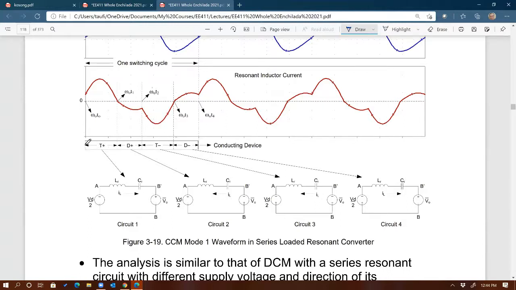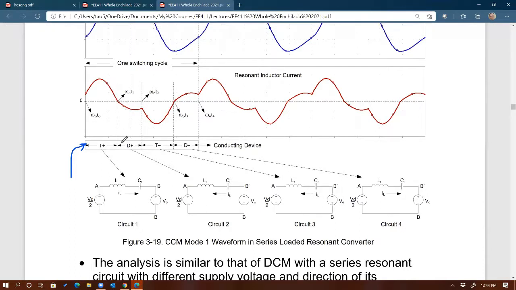In steady state, if you start the analysis from turning on T plus, then just like before, current tries to flow negative through T plus, but it cannot. So it has to go through D plus following a sine wave. But as soon as D plus conducts, that changes the voltage into the tank, which gives you a different peak.